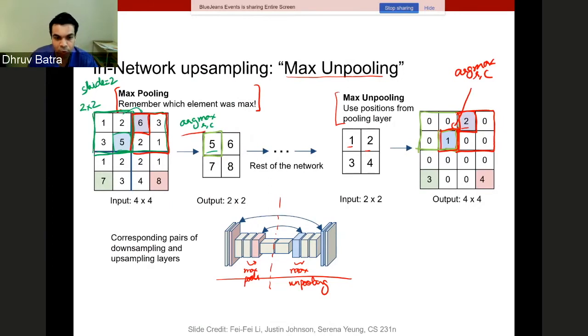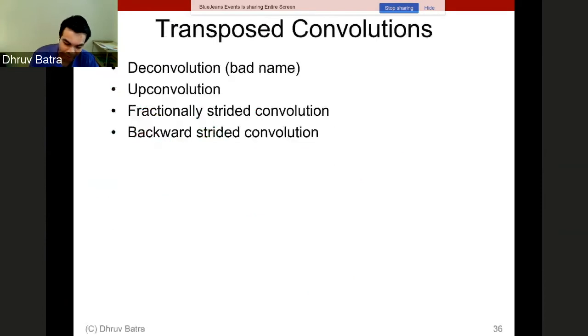We've now looked at a couple of heuristics. Now let's look at learned interpolation, or learned upsampling. And these are called transposed convolutions. Let me clearly state that you will hear them by lots of different names. In the literature, you will hear a term called deconvolution, which is a really bad name because deconvolution is a well understood, formally defined mathematical operation that is not what people mean when they use that term in deep learning.